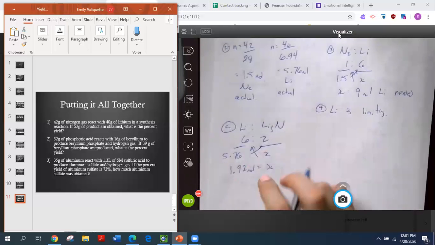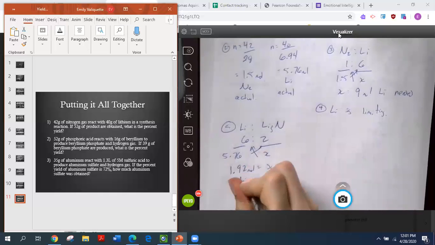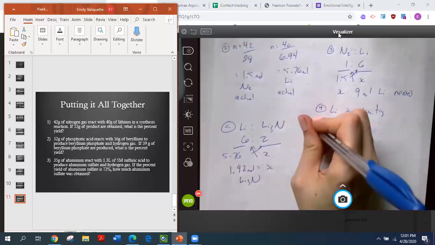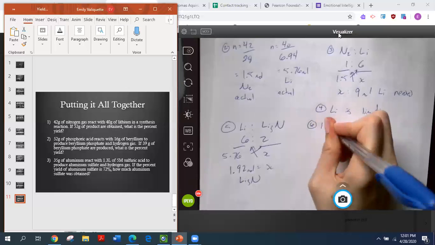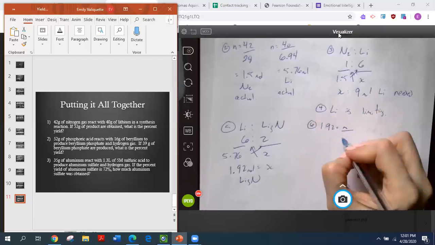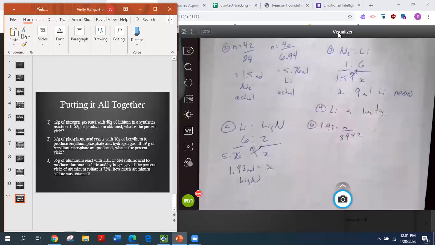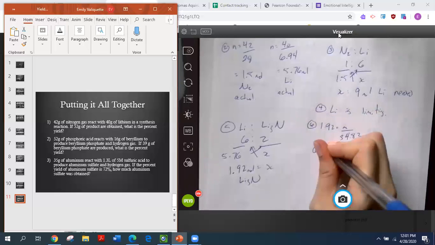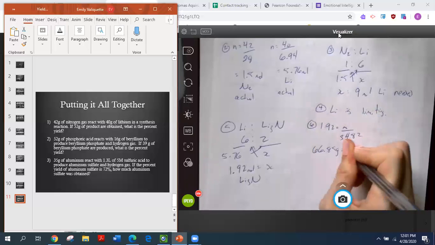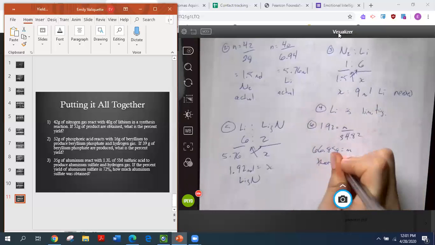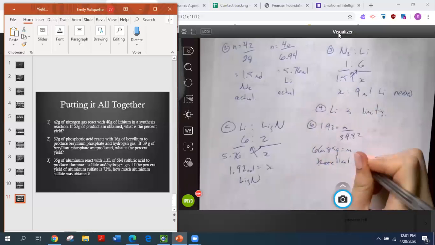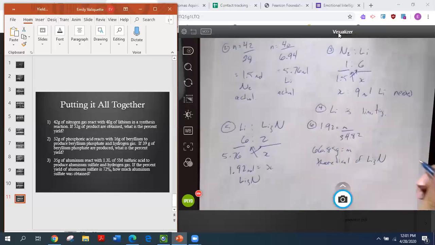Now that I know how many moles of lithium nitride I have, I can figure out how many grams I have by doing moles equals mass over molar mass of lithium nitride. I'll just multiply by the molar mass and get 66.85 grams. That is the theoretical mass of my lithium nitride.